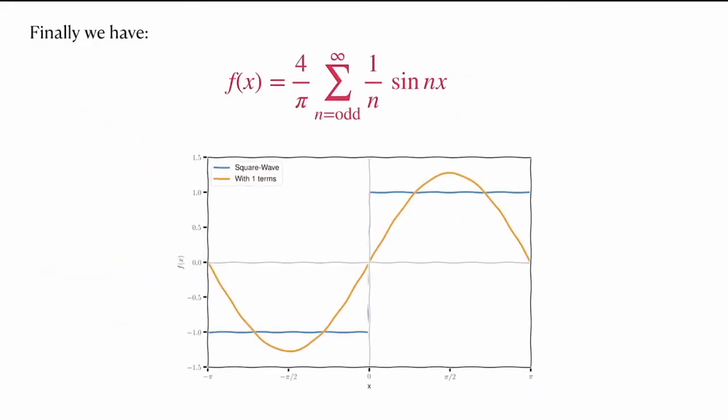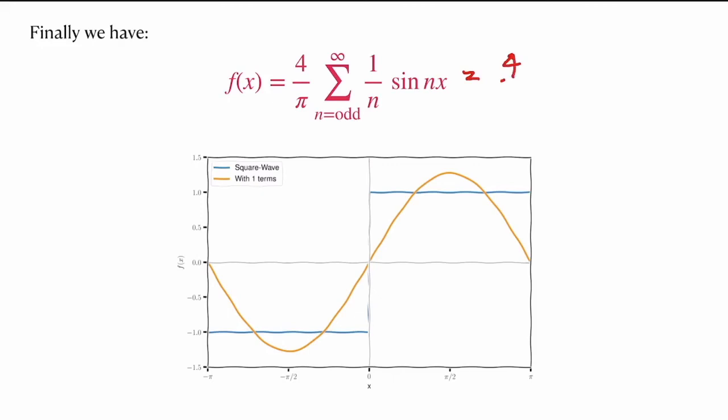Let's try to reconstruct the function with the coefficients put in. f of x is equal to 4 by pi, sum over n, where n takes only odd values. For all even values, the coefficient of sin nx is 0. We also have all the coefficients corresponding to cos nx, and the constant term a0, being 0. We can even write it in a more compact manner.